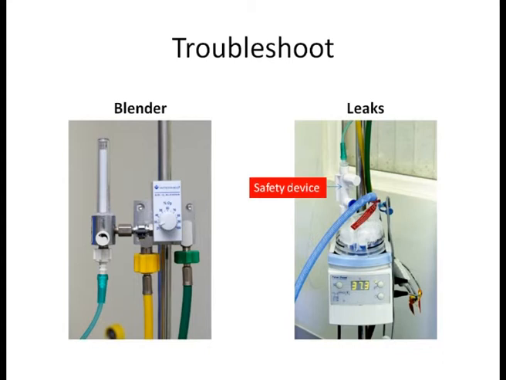Now the second thing is, although the blender is expected to function accurately, over time the type of gas coming from the blender may not be exactly the FiO2 that you set on the blender. This can only be compared by using an FiO2 monitor, and an FiO2 monitor is required to see the functioning of a blender maybe once in 2 months, maybe once in 3 months.